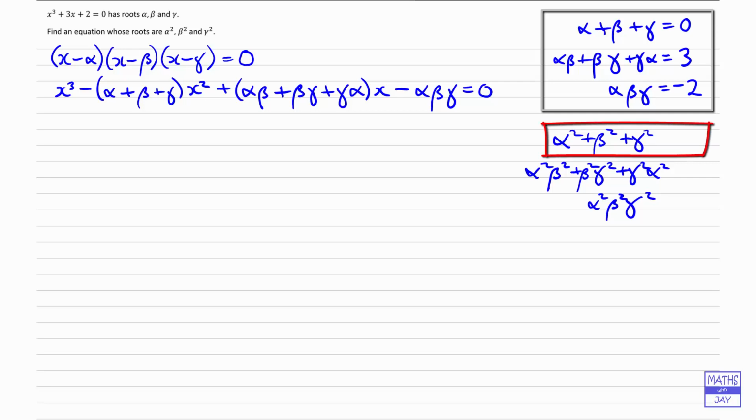So we're trying to find alpha squared plus beta squared plus gamma squared. So let's start with what we're given. So we know alpha plus beta plus gamma. So what we're going to do is square that.